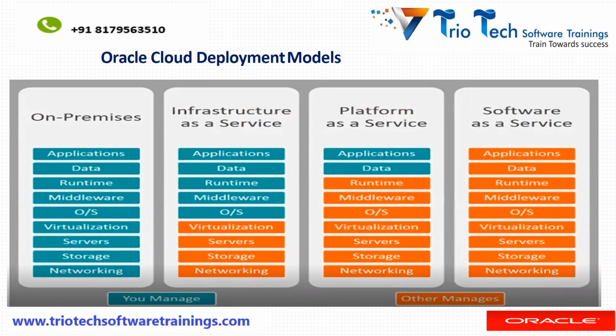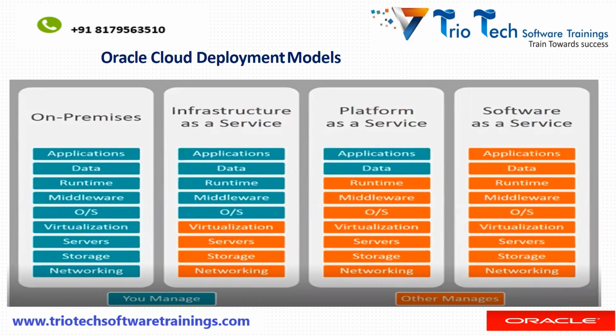Why are some businesses going for the IaaS model? Because they want to shift some of their on-premises, and not all of it. For example, take a company ABC Corp operating on HCM, procurement, sales, and financials.